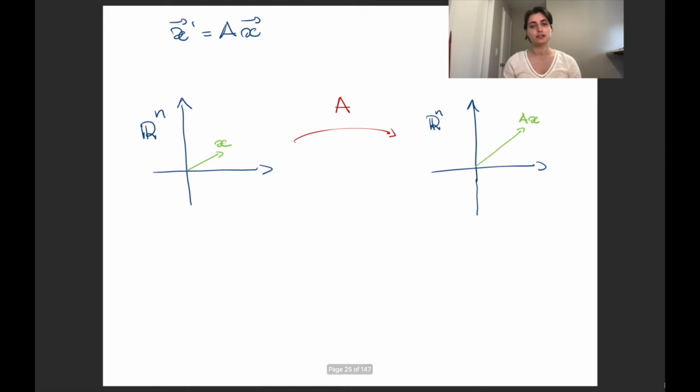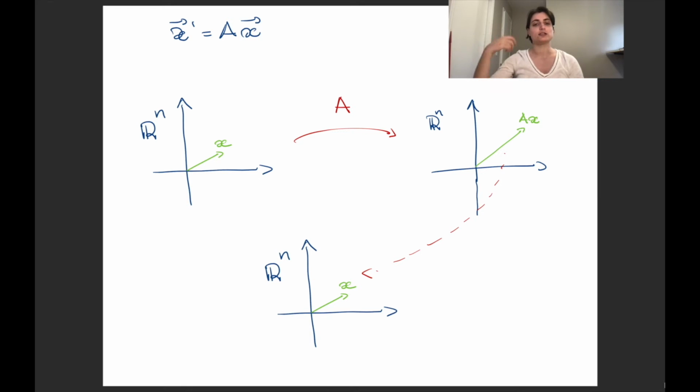Now that we have that, let's think a little bit of the matrix A as a transformation. On one hand, we have Rn with a vector x in there, and A transforms this vector x into a new vector, the vector Ax. But Ax, we just said, is the derivative of x.